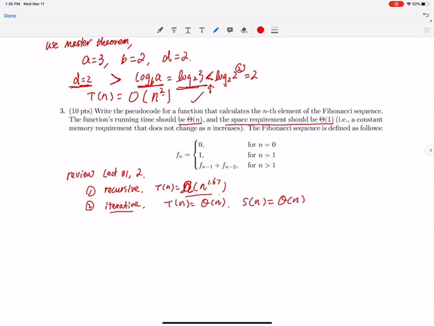In this solution, which we included in the slides, we use an array of 1 to n to store the Fibonacci sequence. So the current problem's challenge is to use constant space.